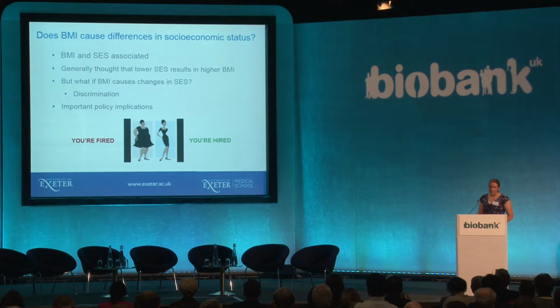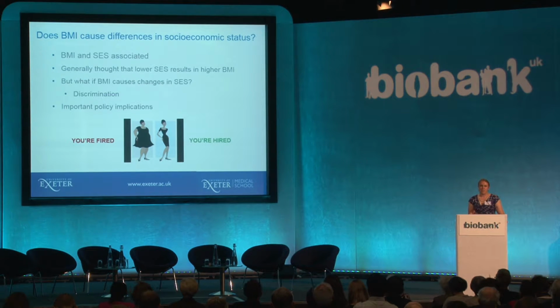One thing we were interested in when we started with the data was to see if BMI actually caused differences in socioeconomic status. There's lots of evidence in the literature that there's an inverse relationship between BMI and socioeconomic status, so higher BMI links to lower socioeconomic status. It's generally thought that lower SES results in higher BMI, perhaps as a result of poorer lifestyles and diet choices.